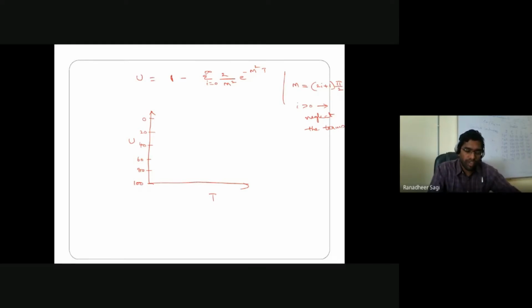And coming to the time factor, the time factor values go from 0, 10, 20, 30, 40, and so on up to infinity.